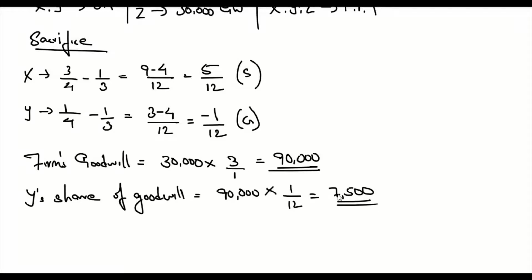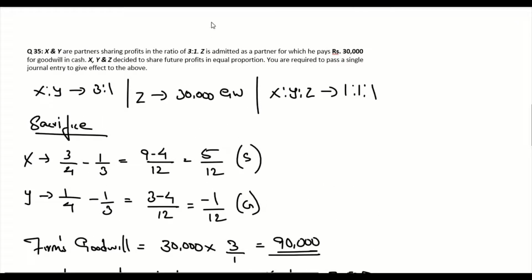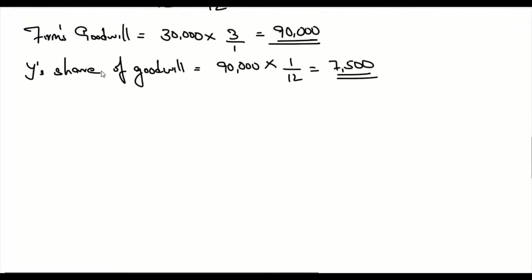So again the question says we should pass a single journal entry. You are required to pass a single journal entry to give effect to the above. So if you wanted to pass a single journal entry for this, the journal entry is: Bank account debit, the amount that is brought in by the new partner, 30,000.